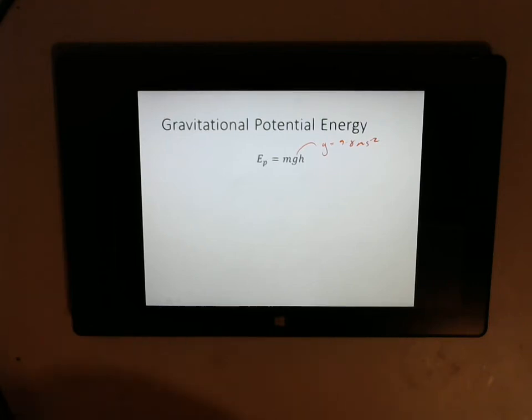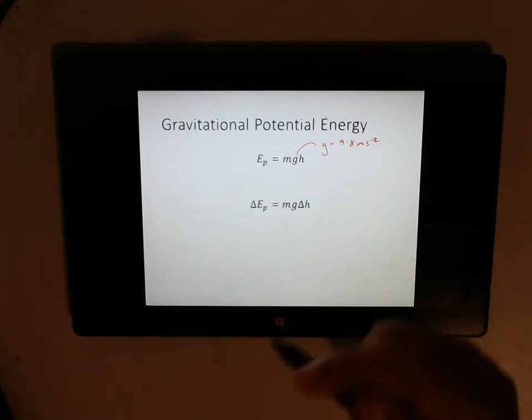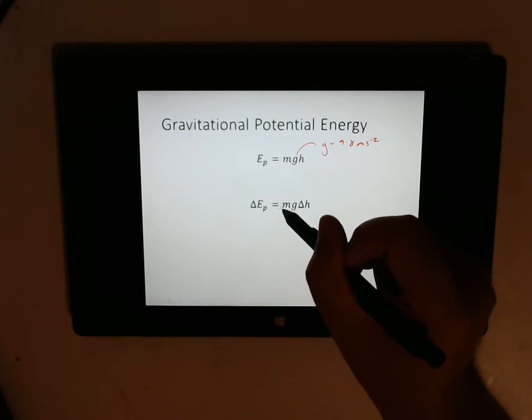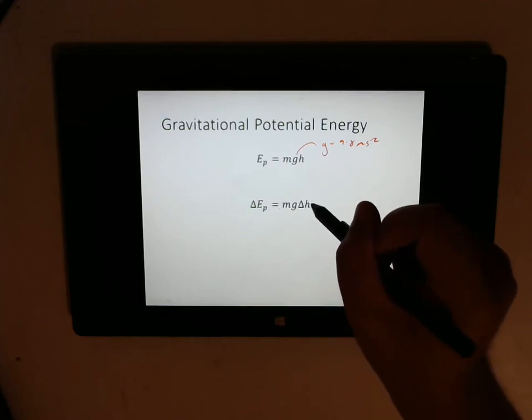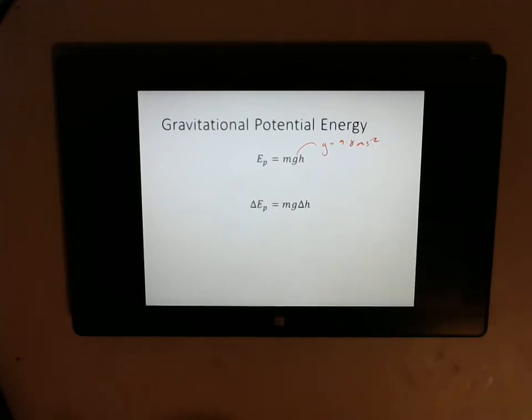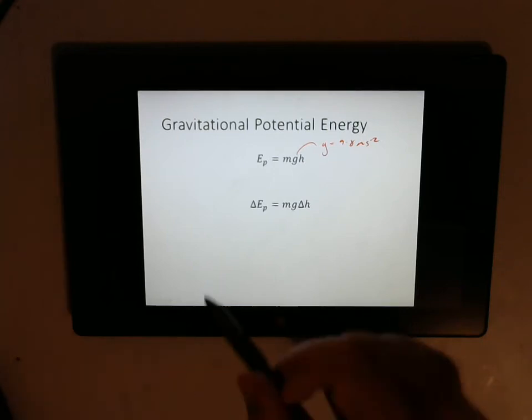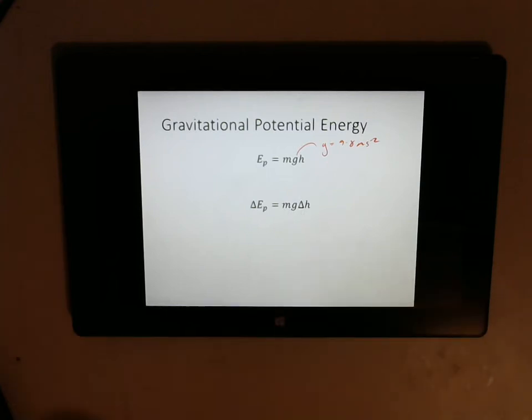But more accurately than this one, and the one that appears in our booklet is this, that the change in potential energy equals mg times the change in height. I'm not particularly fussed about which. This is the one that's in your formula booklet, so I'd make sure that you practice doing it that way though. And this is because we're looking at change in vertical displacement, which means that there's a change in that potential energy.